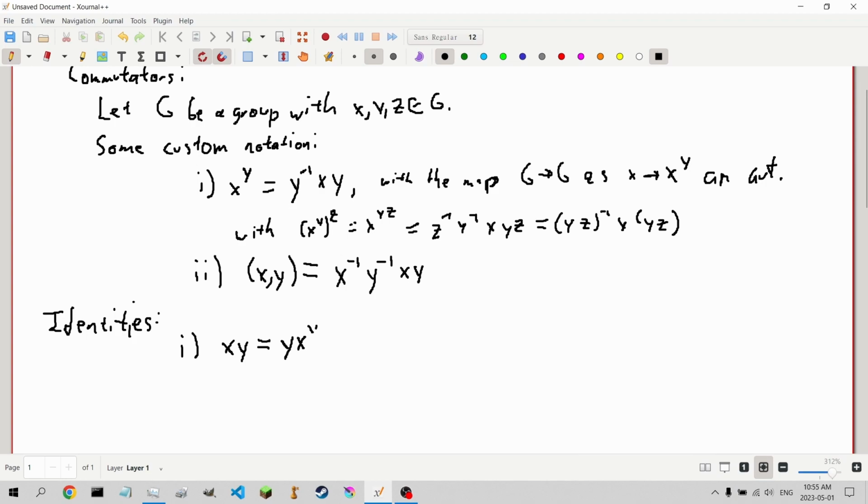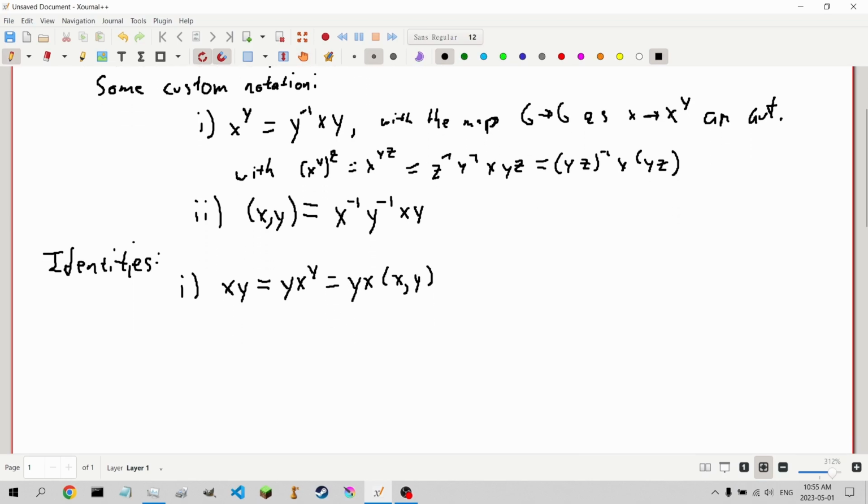This is easy enough to see because we're just getting rid of that inverse element on the right. And similarly, y x times the commutator of x and y. Similarly, we can construct x to the y as x times this commutator.